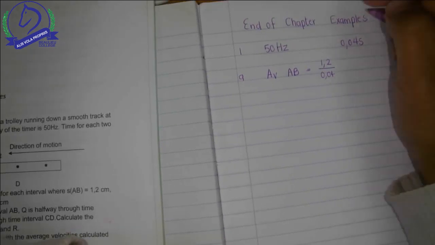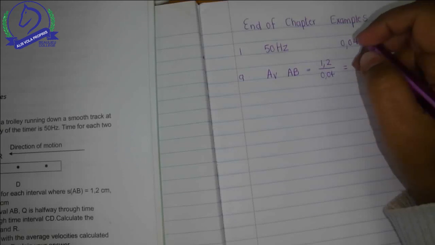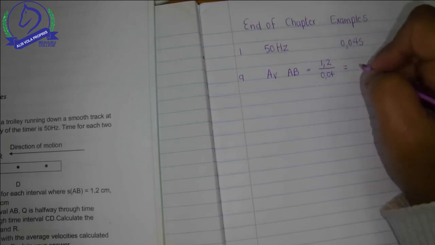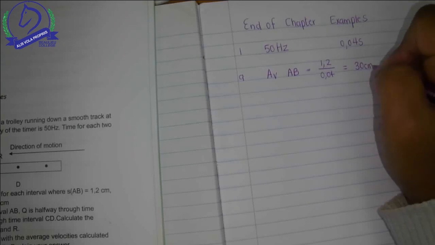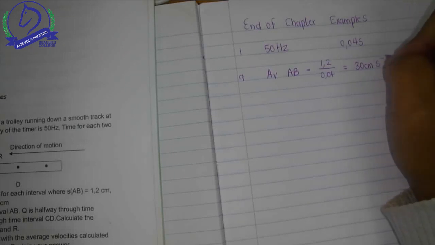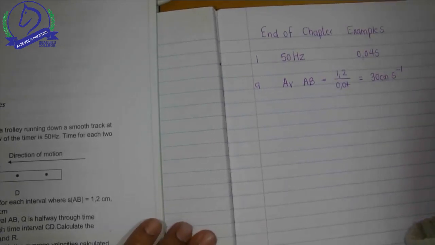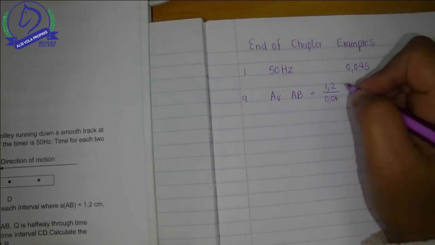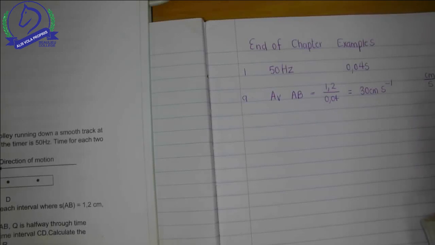And therefore, I'm going to get my velocity to equal 30 centimeters per second. The reason I've done that is because I kept the 1,2 in centimeters, and I divided by the time in seconds, and that gives me centimeters per second.